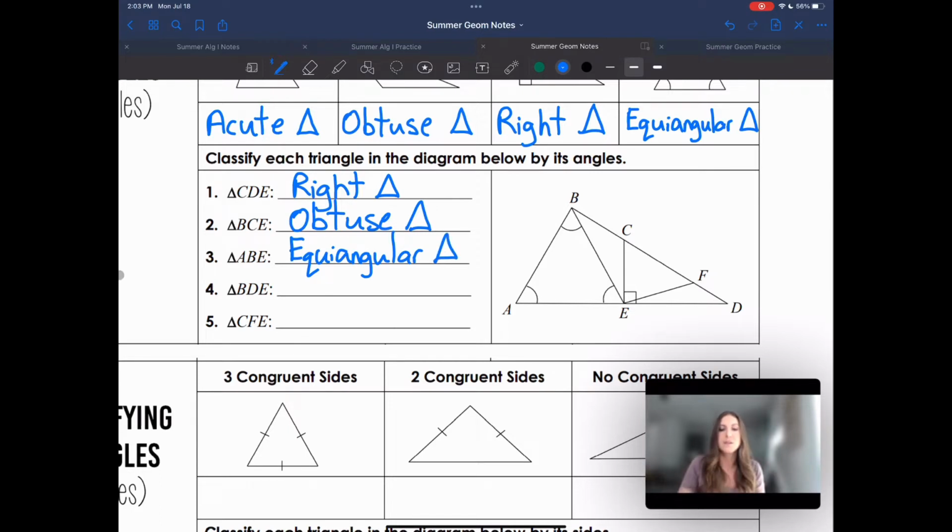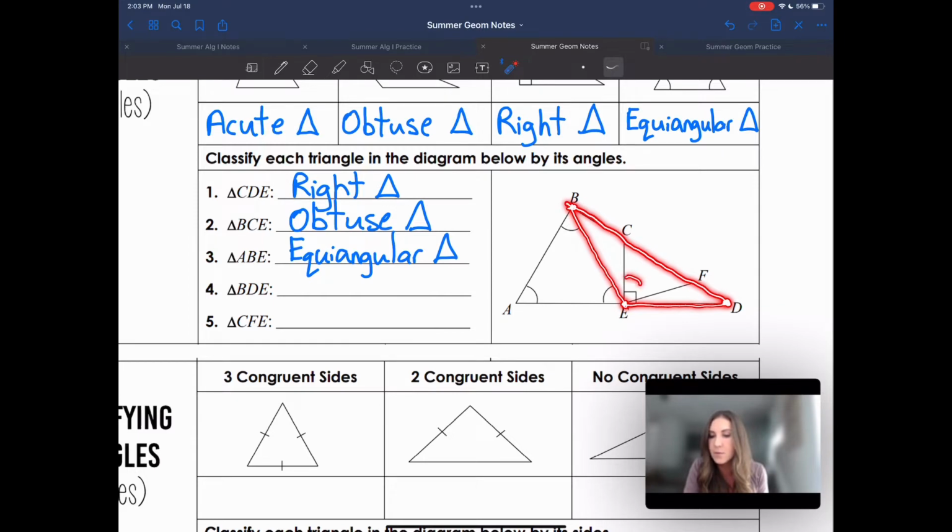Equiangular triangle. All right, number 4, we have triangle BDE. Let's check it out. Let me get my tool here. Okay, BDE. So here's B, here's D, here's E. So let's see the triangle formed by those 3 points. If I carefully outline it. Now be careful here.